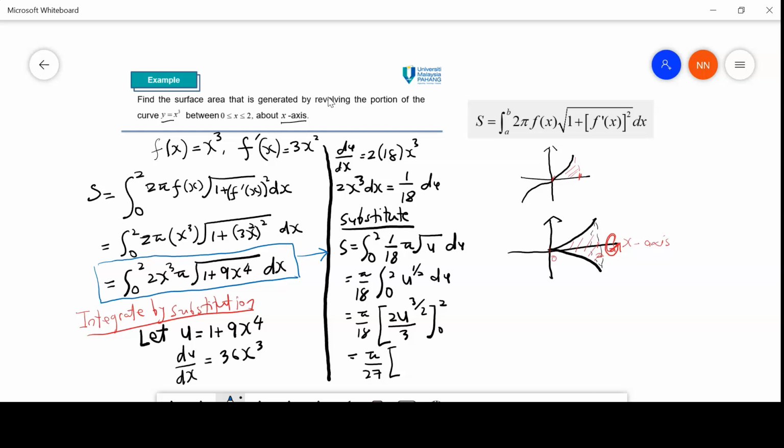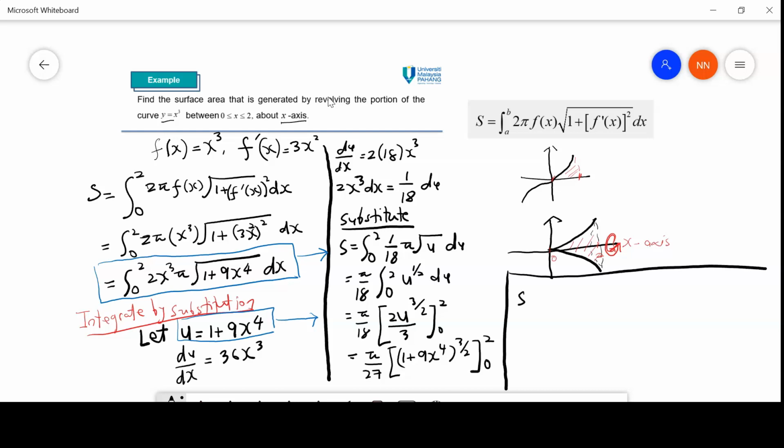Remember, previously we let our u be this. So this is my u, and I replace it back here. Alright. So I should have 1 plus 9x power 4, power 3 over 2, and then from the limit 0 to 2 here. Okay.